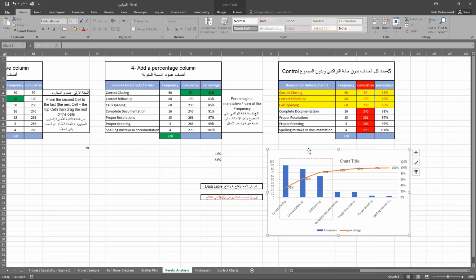So this is the Pareto, and this is the 20-80 principle. Don't bother yourself about the 80% of the causes that you have. Use the Pareto analysis. It will give you the vital few out of the total causes. When you fix them, you will get your problem done. So this is the main deliverable from the concept of Pareto analysis.